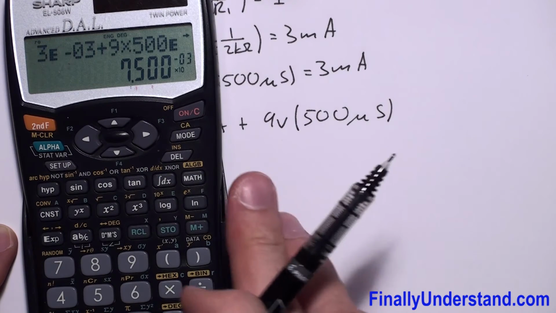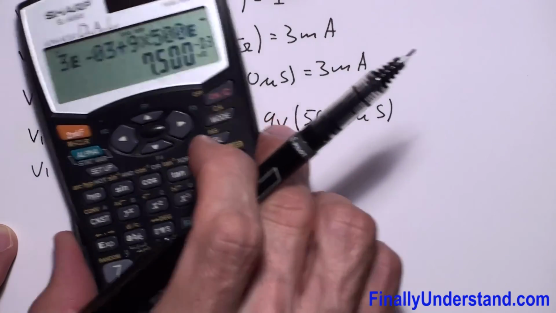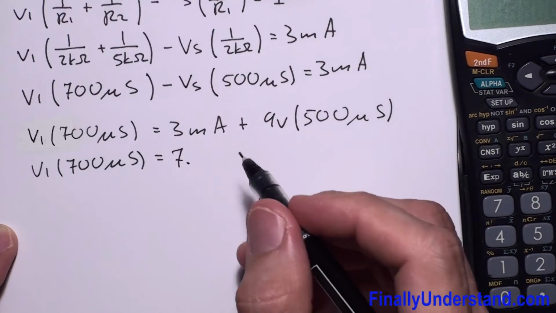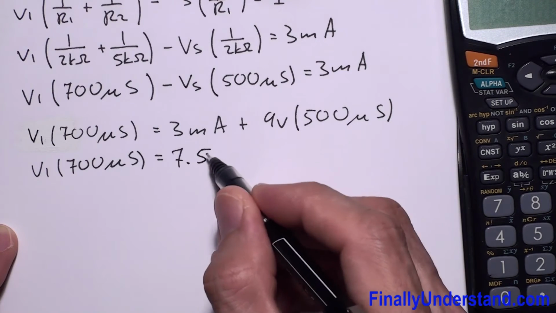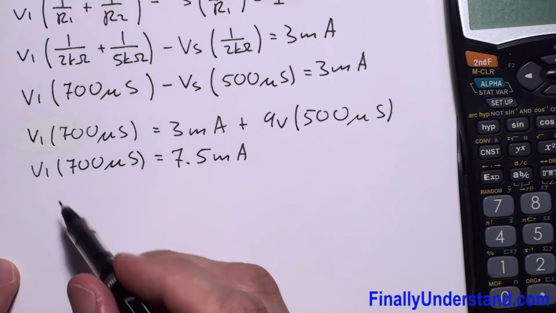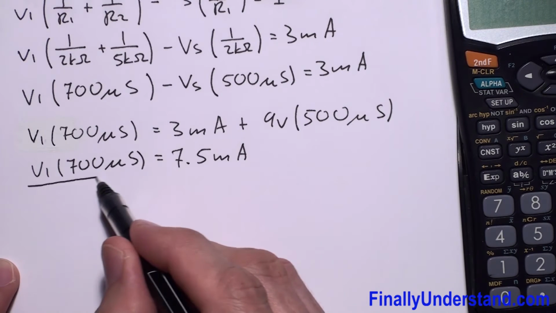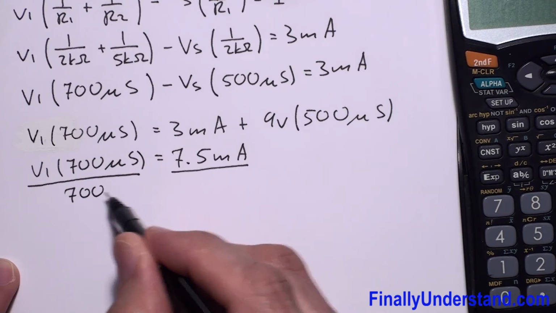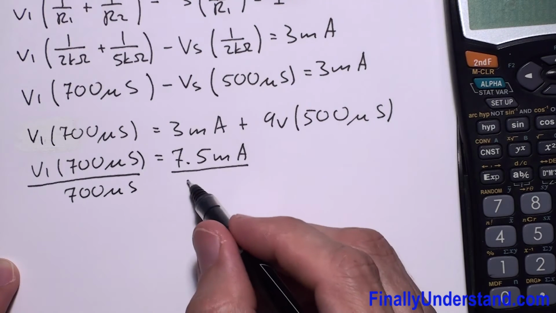This is equal to 7.5 milliamps. So if you want to find V1, you have to divide both sides of the equation by 700 microsiemens.